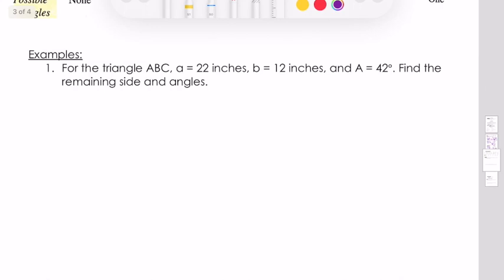So it'll tell you when it's just like this first one is just one case. You don't have to worry about not finding a triangle or finding 2 triangles. Instead, it'll tell you when you're dealing with which one. So go ahead and fill it in as usual.